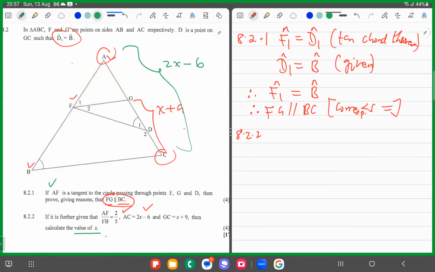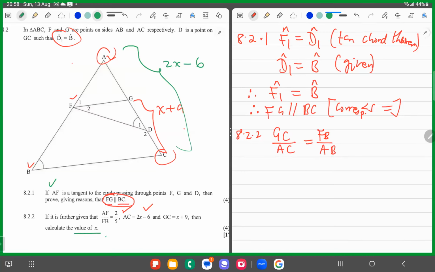We can realize that GC over AC is equal to FB over AB.